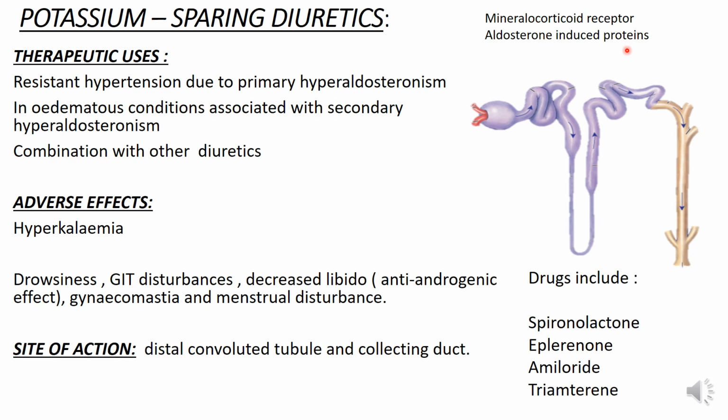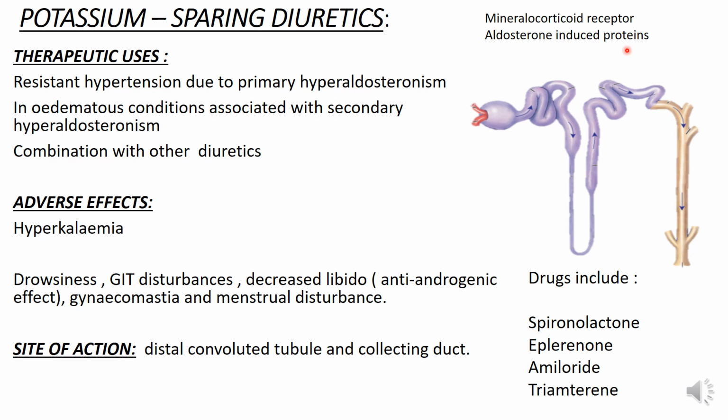So you are not going to be confused with that. Aldosterone induced protein is responsible for acting in the same way. What's the function of aldosterone? The function of aldosterone is to absorb sodium and excrete potassium, right? So aldosterone induced protein absorbs the sodium and excretes the potassium into the urine, alright? So this is the normal mechanism.